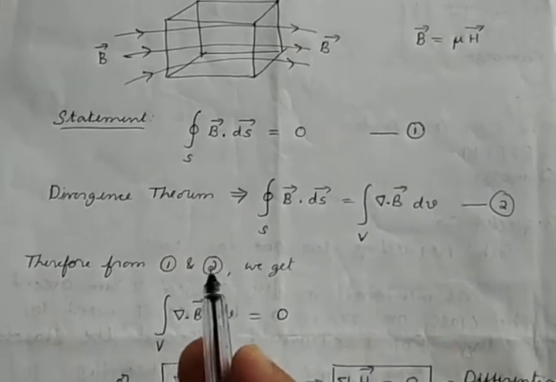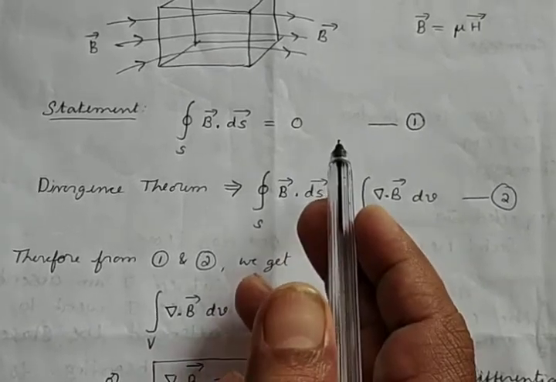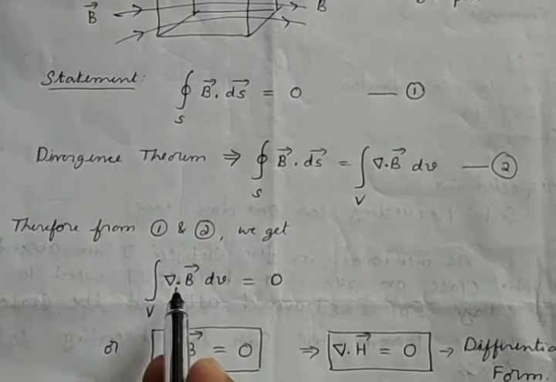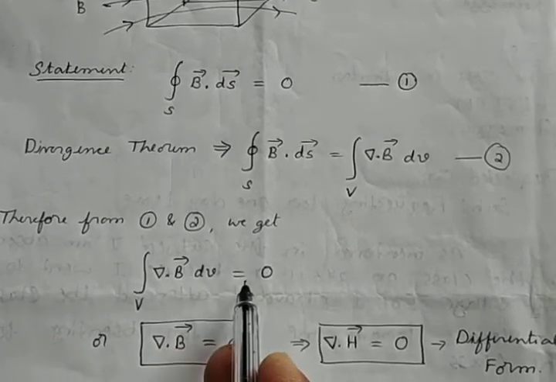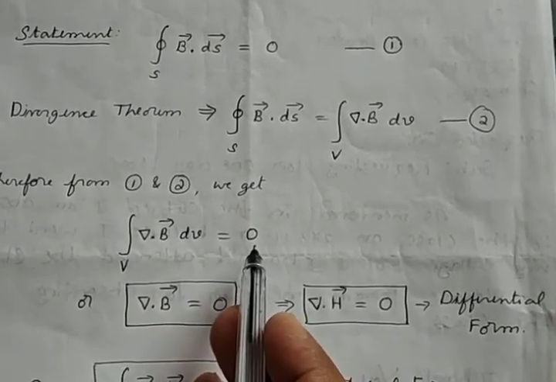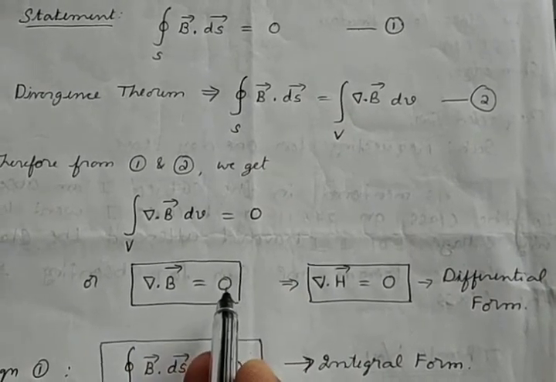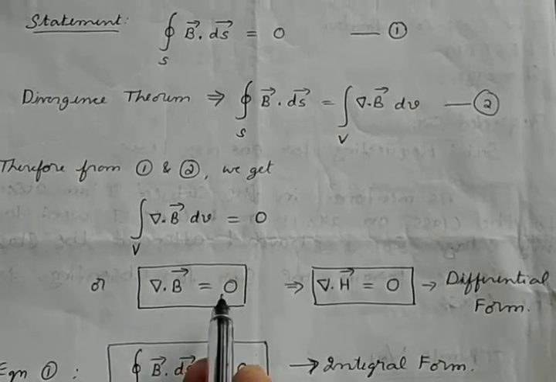Now therefore we can write from equation 1 and 2 that the volume integral of divergence of B bar dV is equal to 0, or we can say divergence of B bar is equal to 0 at each and every point inside the cube.